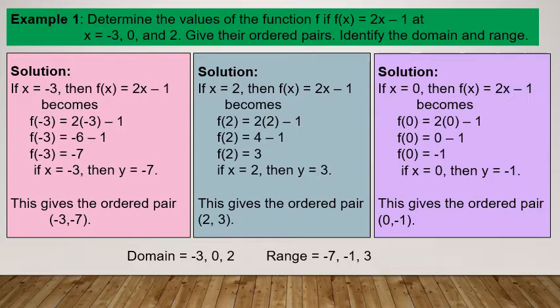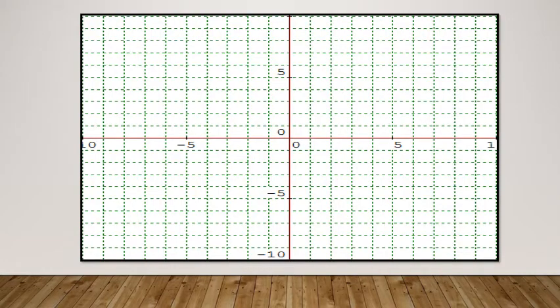Now after that, we're going to graph. So let's graph first the point 2, 3. How to graph again? This is the positive x direction here. We count 1, 2, and then go up 3 times: 1, 2, 3.